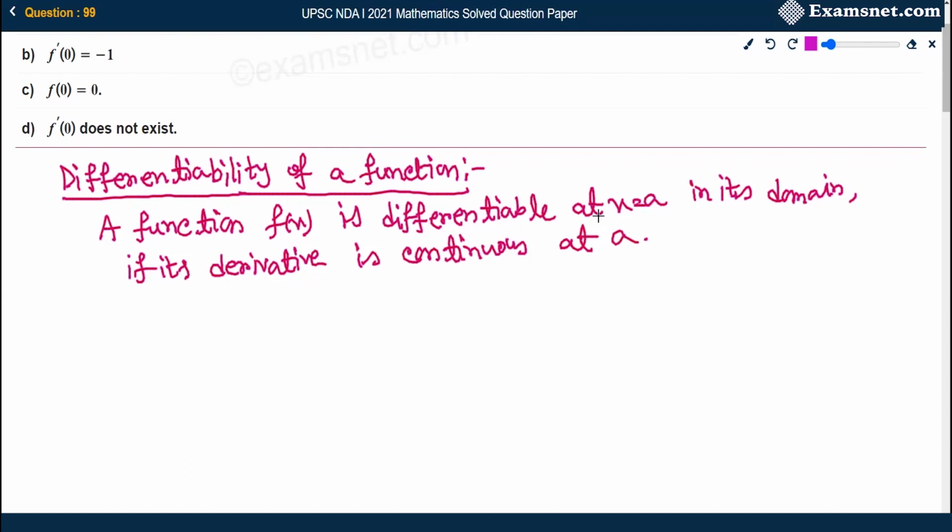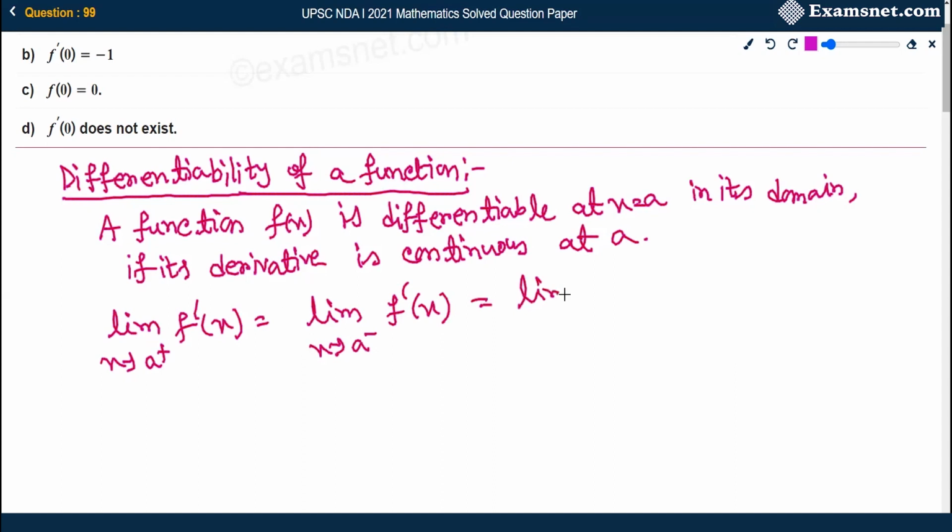Okay, and continuous means, first of all, we can say that the limit x tends to a, right hand limit of f dash x equals left hand limit of f dash x equals limit x tends to a of f dash x, or that will be f dash a.